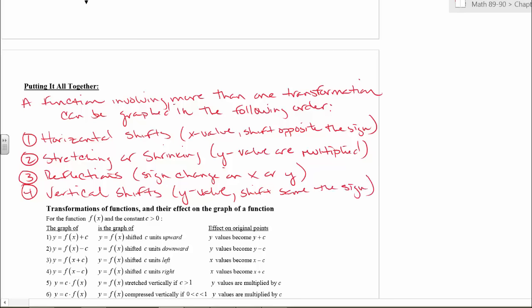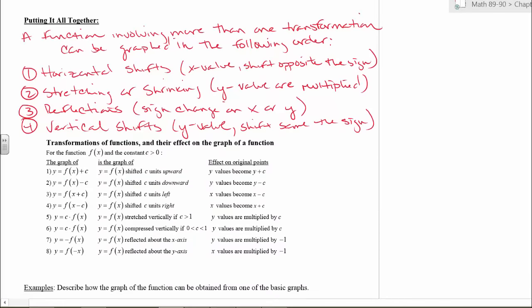All right, so that's sort of your summary, and I put all of the different rules here and the effects on the points, so you had them all in one place. I had kind of scattered them about the notes here. So there's your 8 shifts, and it's really 4 different shifts, and it's just a matter of if you're positive or negative, or where you're negative.